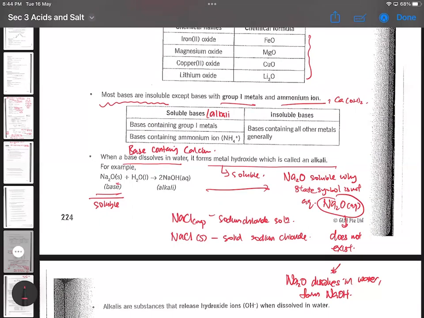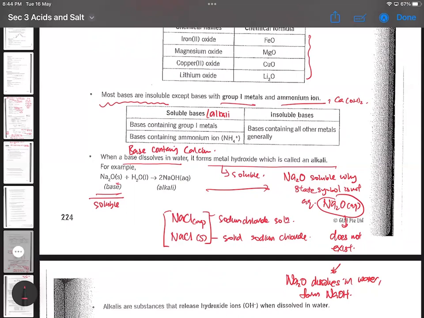So essentially, there is no such thing. It doesn't exist in an aqueous state. Compared to normal table salt, sodium chloride, in a solid state it was sodium chloride salt. When you dissolve, it is still sodium chloride. But the difference is that for soluble metal oxide, it was previously an oxide, but after dissolving into water, it turns into a hydroxide here.